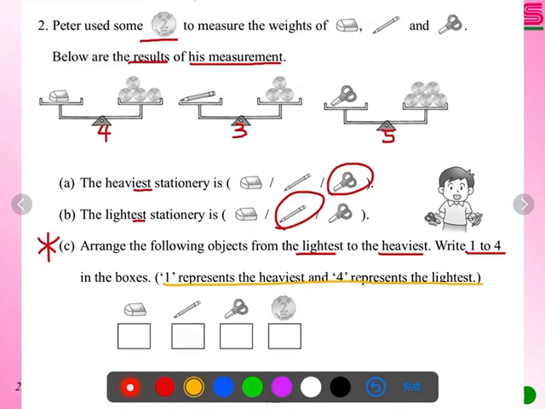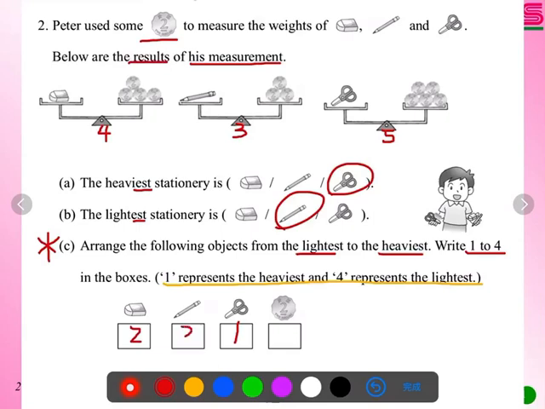Okay? So 1 will be the heaviest. Which one is heaviest? Heaviest is a pair of scissors, right? How about the second one?